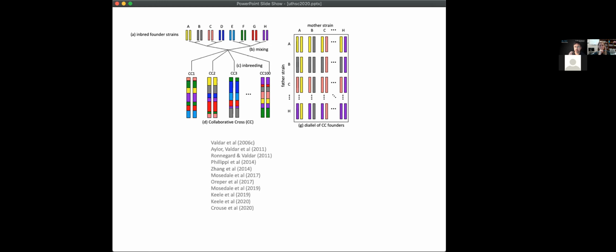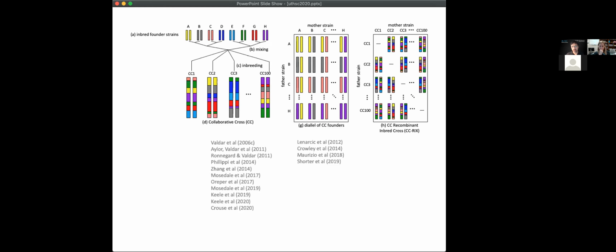This is where you take the founders of the collaborative cross and you mate them with each other, and you look at all of those combinations. Another thing you can do is mate collaborative cross strains to each other, basically make a diallel of the collaborative cross. We call that a CC recombinant inbred cross, or a CC RIX.